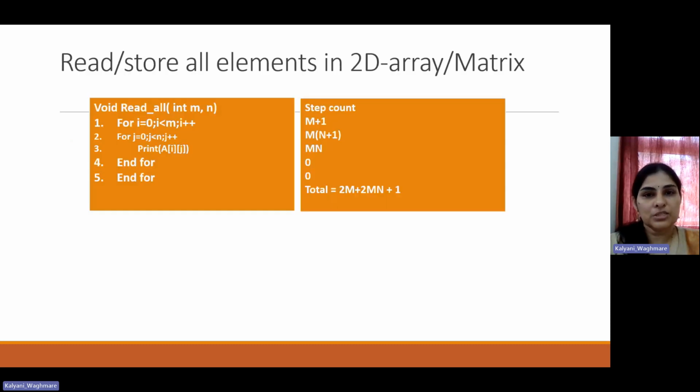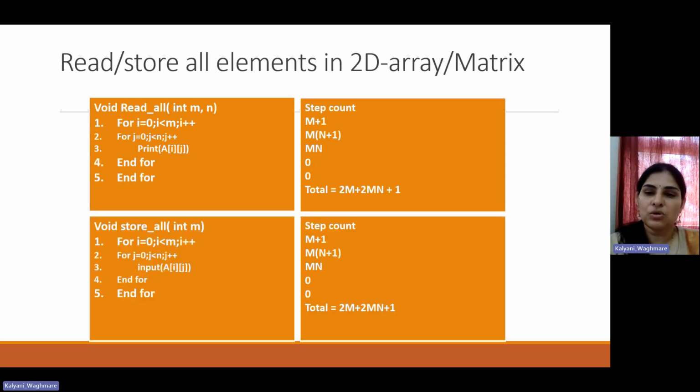Here we can see the code from which we can come to know how the complexity of order of n square is coming. Here m number of rows are present in my matrix, n number of columns are there in my matrix.